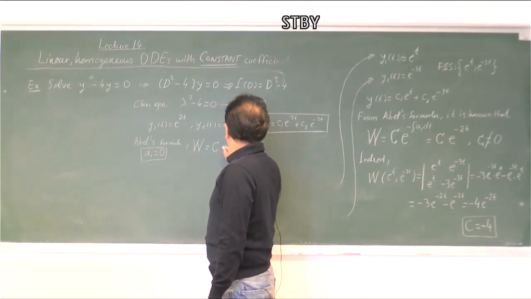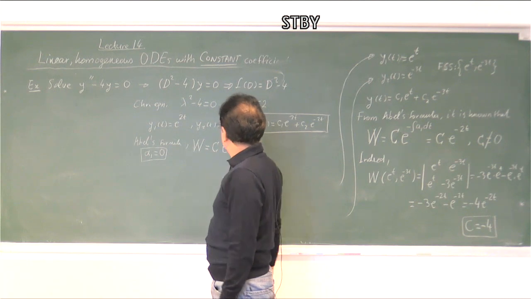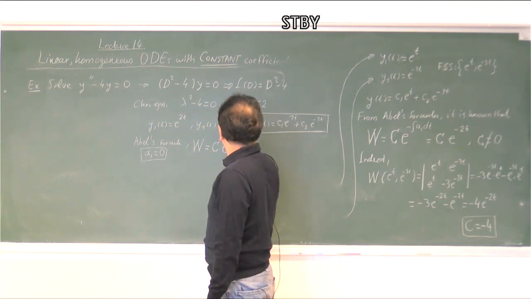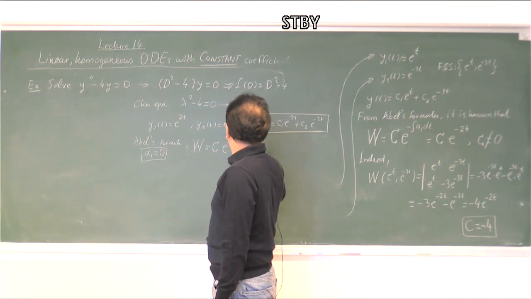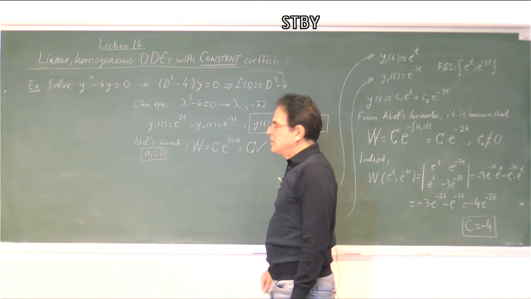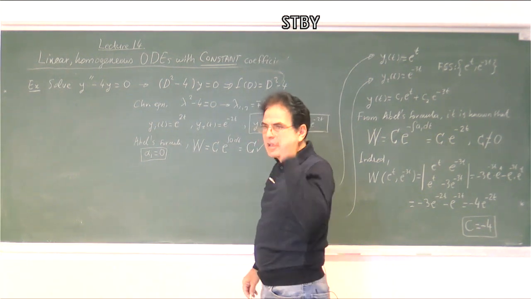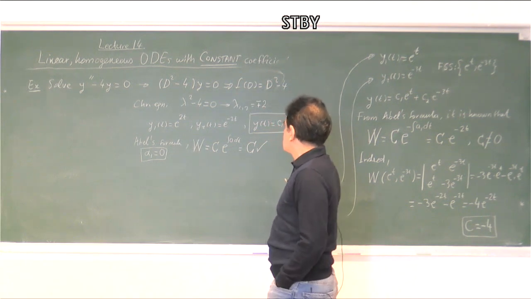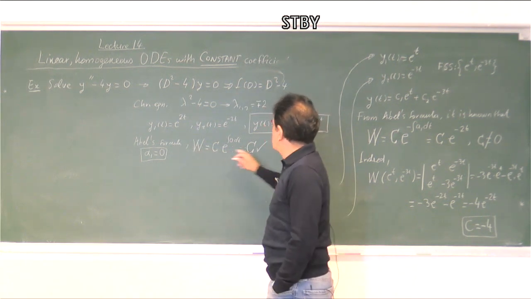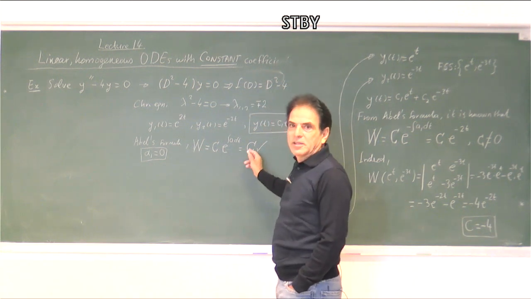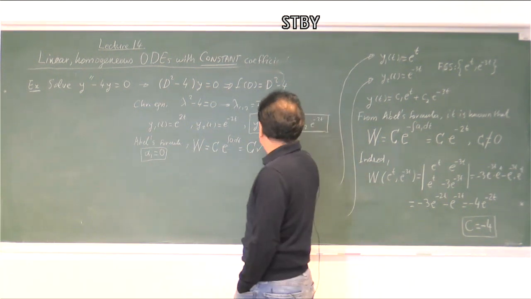The integral of a1 is 0. Therefore, Abel's formula tells us that the two solutions have a Wronski determinant which is some constant. For independence, we must have a non-zero constant.